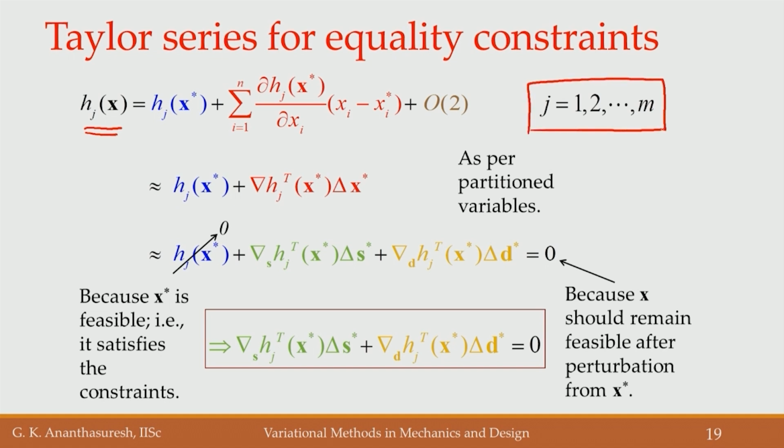Each of them we expand, and the 0th order term must be equal to 0 if x star were to be an optimum, because equality constraints must be satisfied. Then we have this first order term that should be equal to 0 to first order, because each equality constraint h1, h2 up to hm should be equal to 0 even after perturbation.